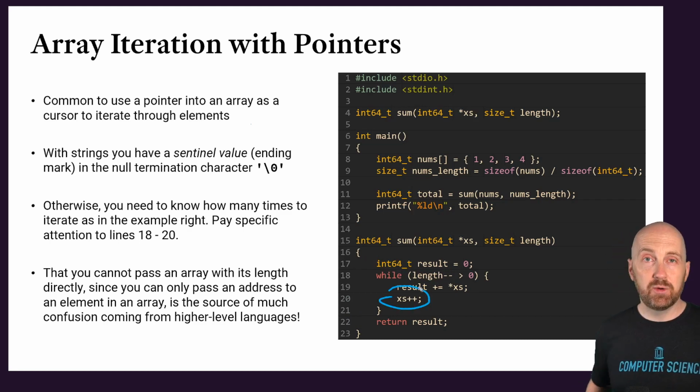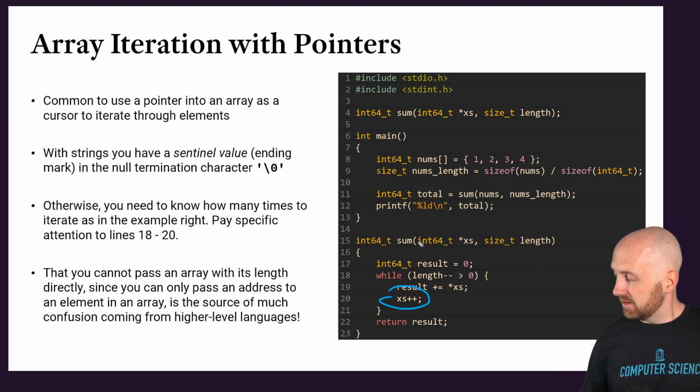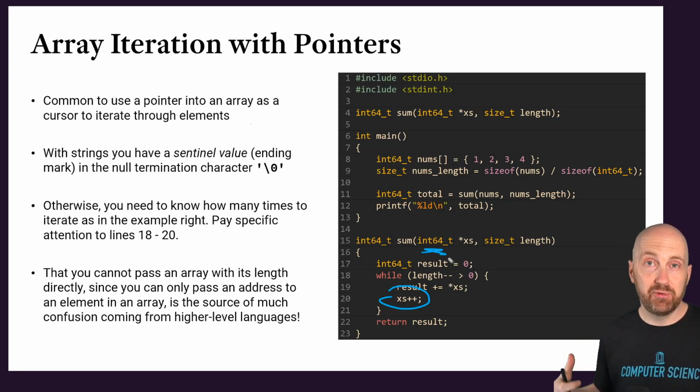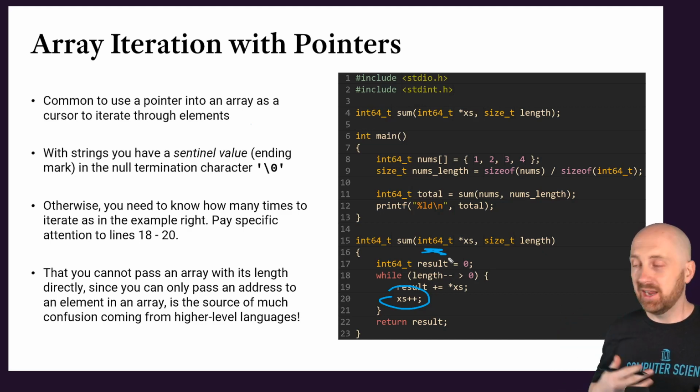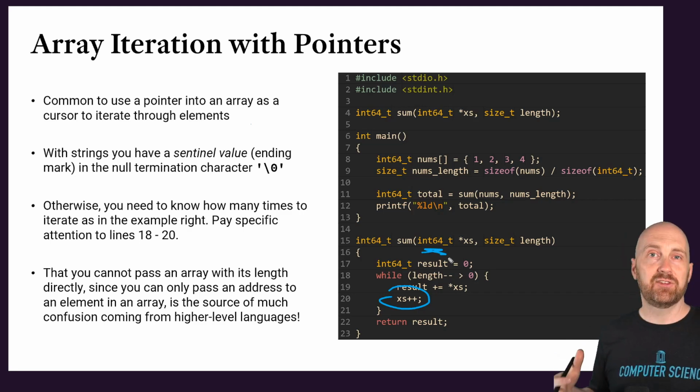And then here is where we're doing the clever, interesting thing that we can start to do now that we have pointers in our repertoire. We're incrementing that pointer. And because C knows that this is a pointer to an array of int64 values, it's updating the address by 8 bytes, right? So this plus plus is not adding a single byte, it's adding 8 bytes, because when we do pointer arithmetic like this, the effects of pointer arithmetic are context specific to the type of data that you're operating on, the type of pointer.